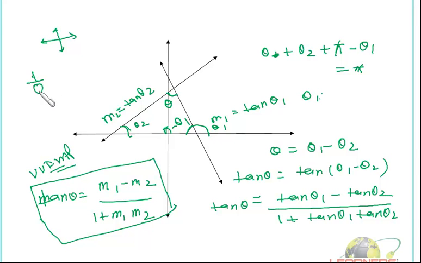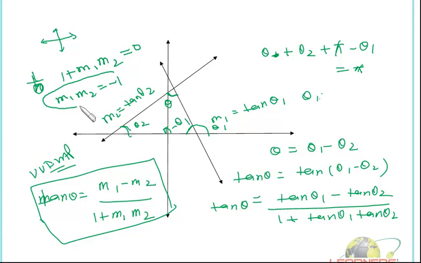That means the denominator is 0, so 1 plus m1 m2 is 0, that means m1 m2 is equal to minus 1. An essential condition if the lines are perpendicular to each other.